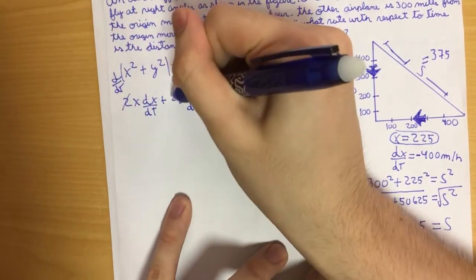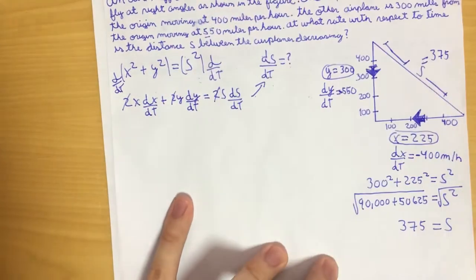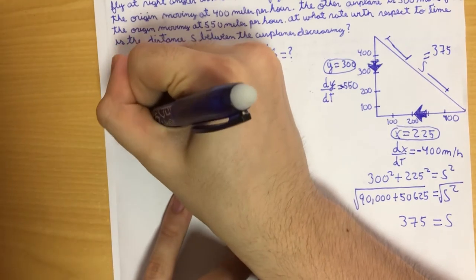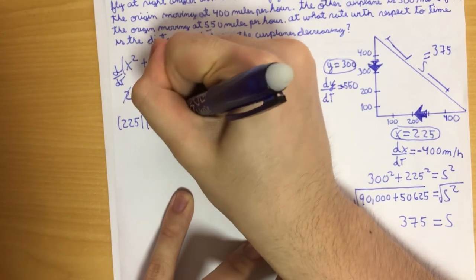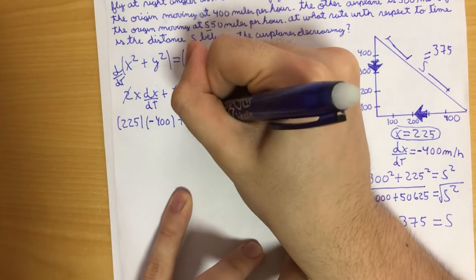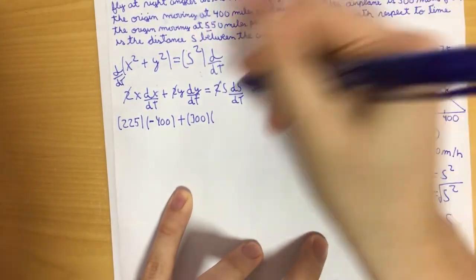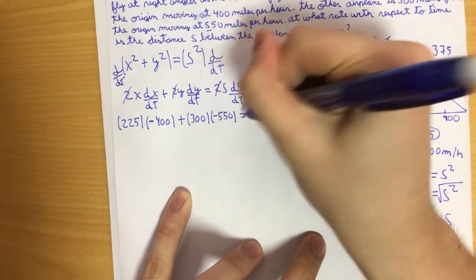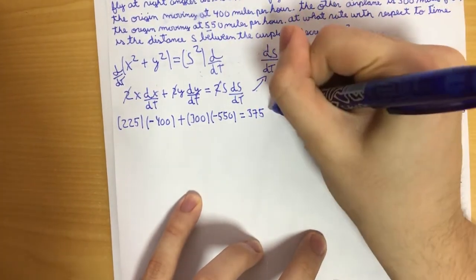And we can even simplify the 2s on both sides. And then we have to plug in the numbers. So 225 times minus 400 plus 300 times negative 550, and that is going to be equal to 375 ds over dt.